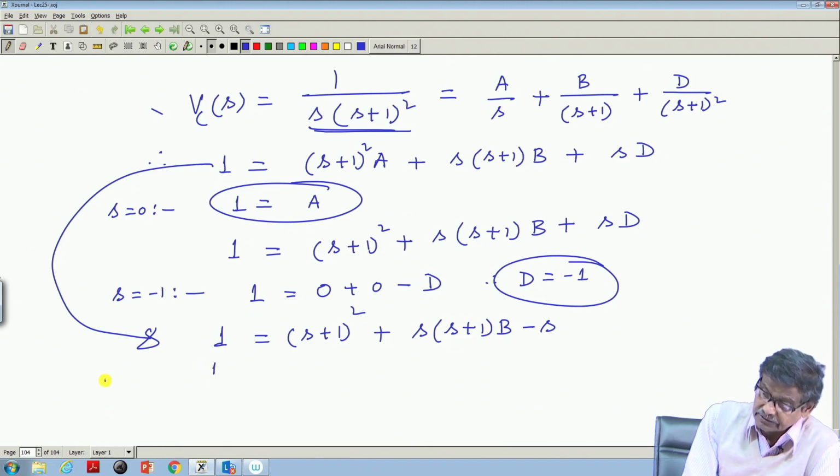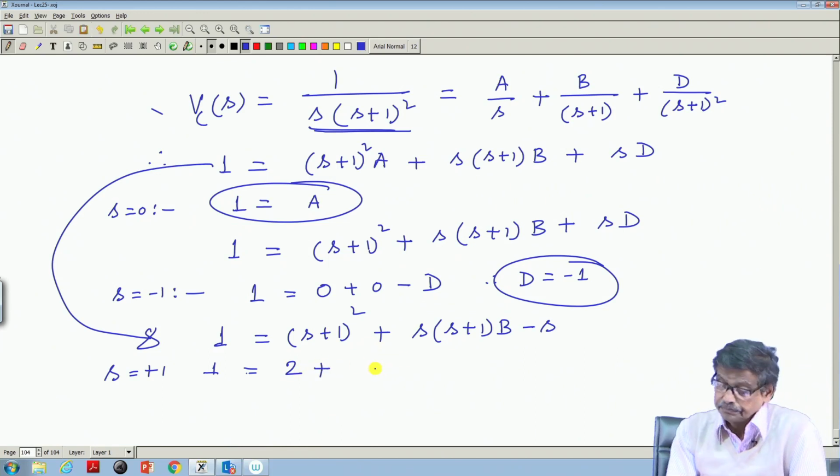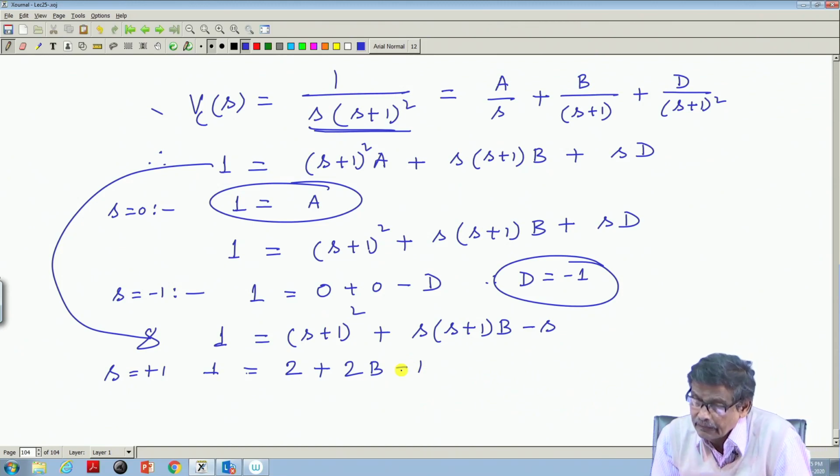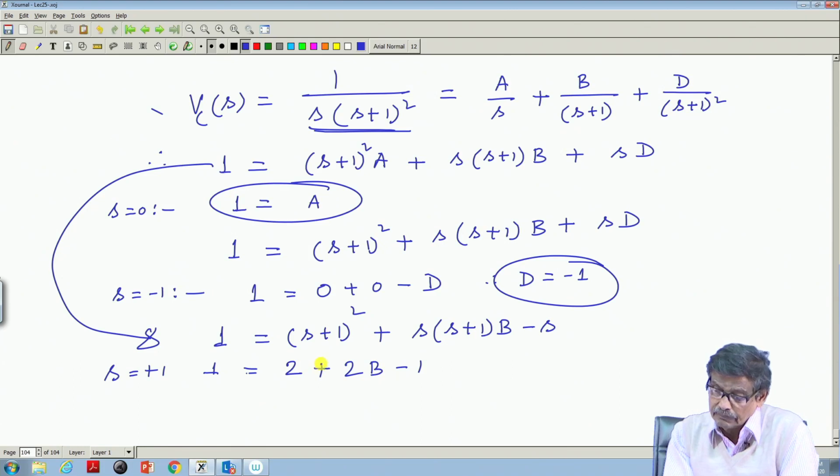So, 1 equal to, this is (s+1)^2 = 2^2, plus s equal to 1, this term is okay, 2 into 1 into B, and s equal to plus 1, so minus 1.